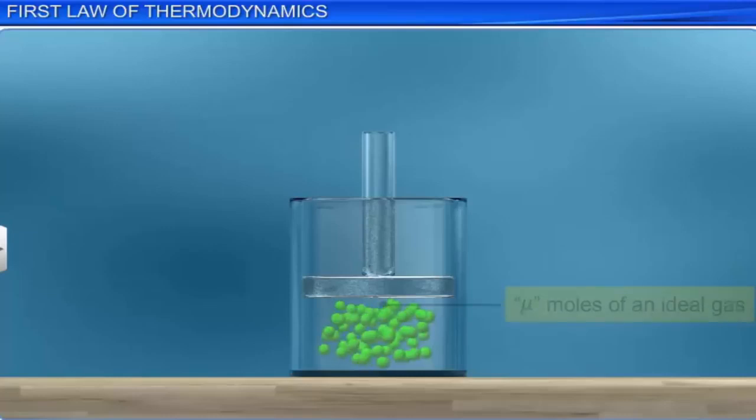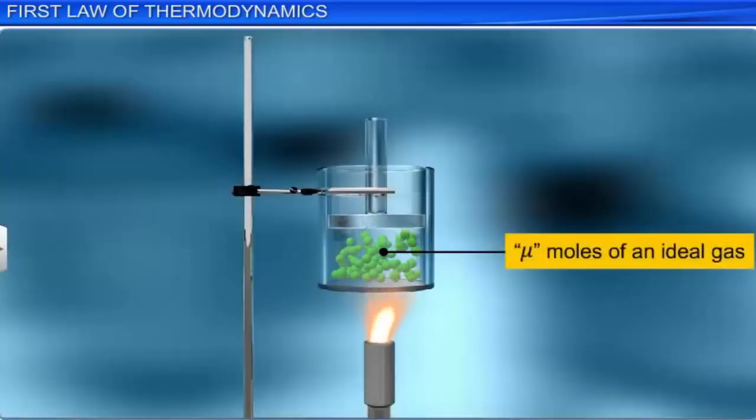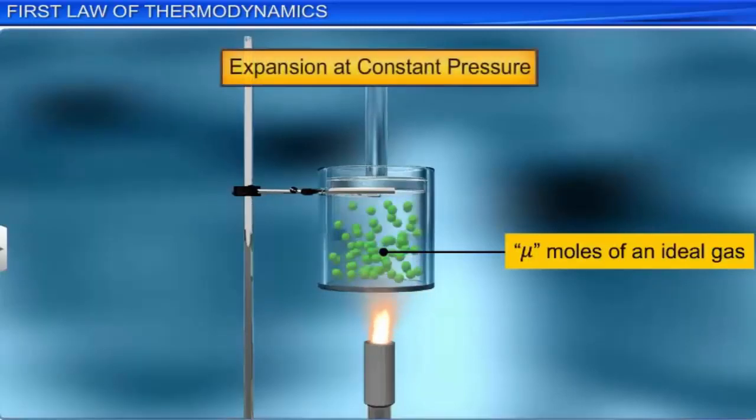Consider a sample of mu moles of an ideal gas in a container with an airtight movable piston. On heating, the gas expands at constant pressure.